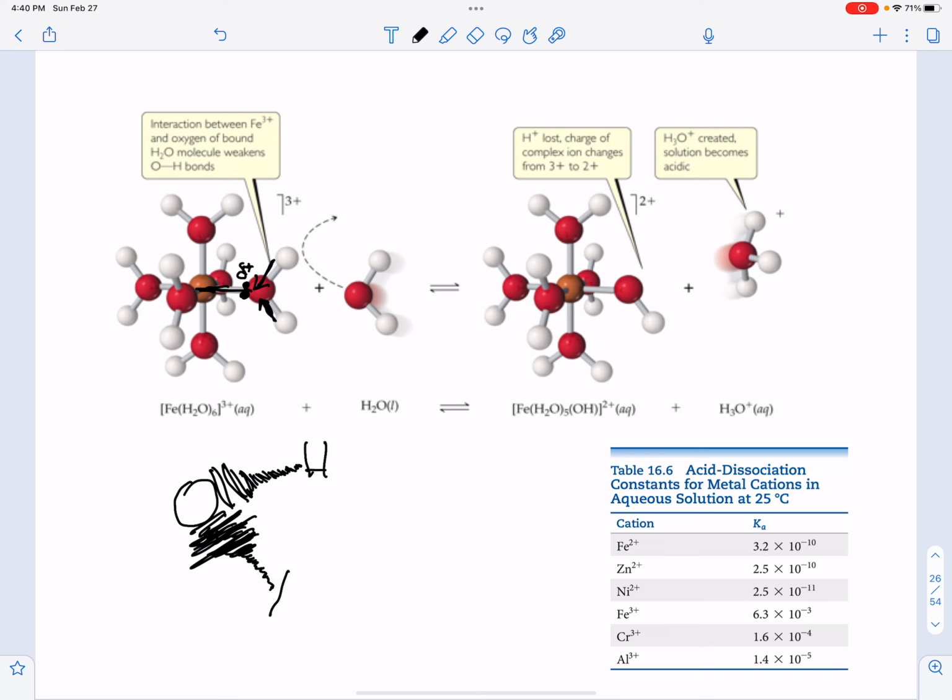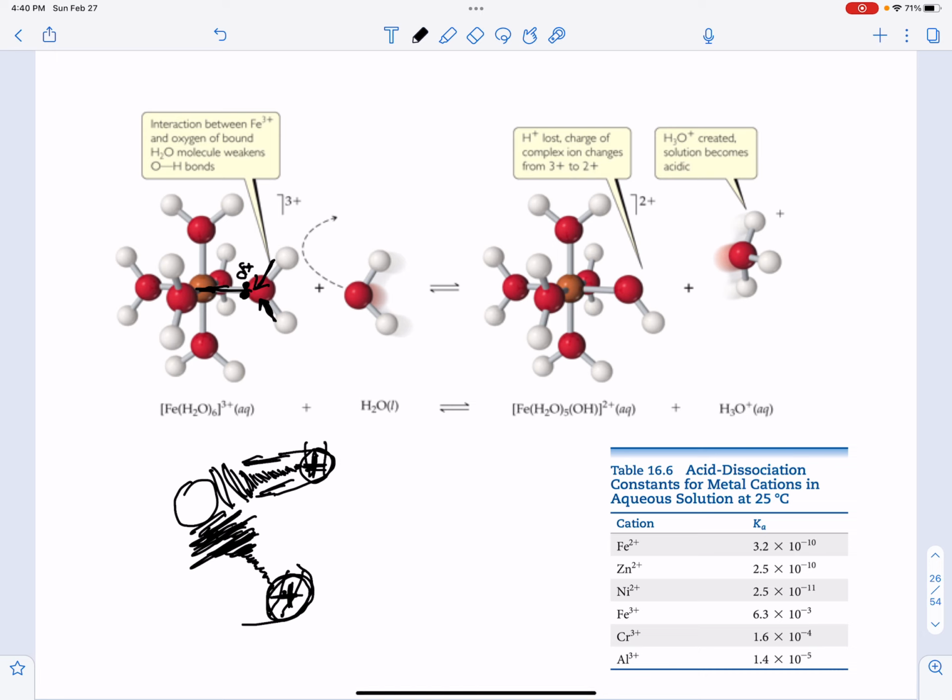The electronic density on the hydrogen is very, very small, which means this positive nucleus is very exposed, almost naked of electrons, because the electrons are being attracted this way.